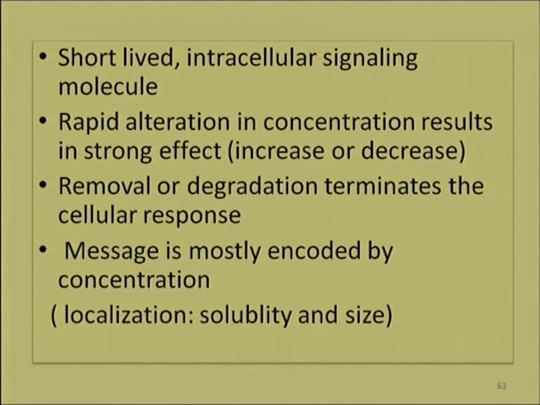So if we need to activate many protein kinases, there should be a transient increase in the concentration of cyclic AMP, and then only the continuous effect would be brought about. A rapid alteration in concentration will bring about a strong effect; either an increase or decrease in a particular activity is governed by its concentration, and its concentration is altered very rapidly.